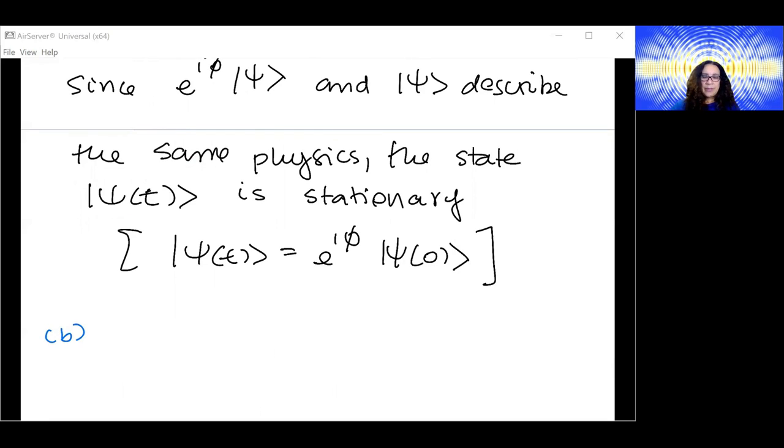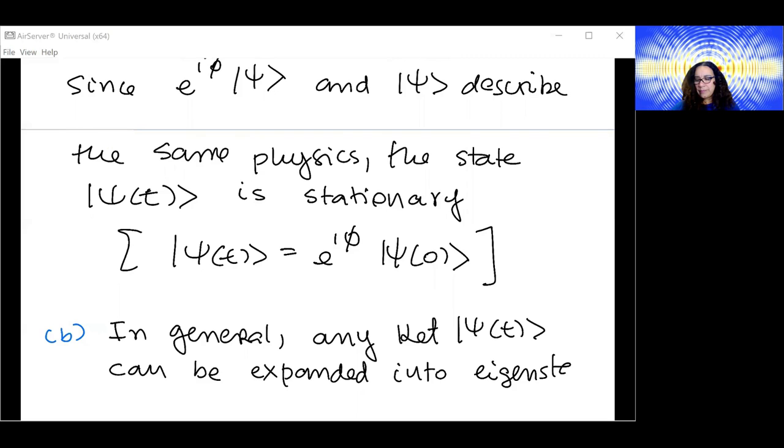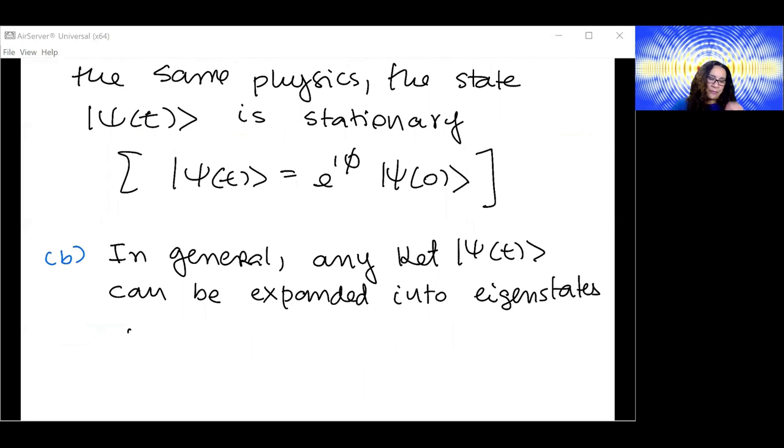And I say that in general, any ket ψ(t) can be expanded into eigenstates of H. In this specific case, that H is not time dependent, okay? Meaning we can write ψ(t) like that.